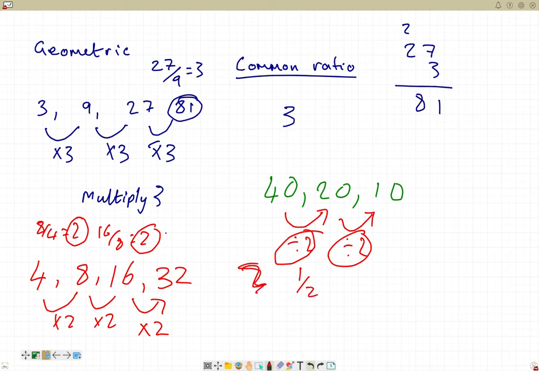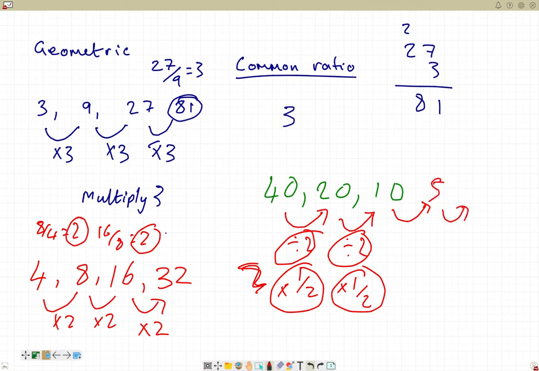Yeah, so times by a half. Okay, so that would be the common ratio. To get the next term, 10 divided by 2 or times by a half gives me 5. Next term, 2.5. Next term, 1.25, and so on, guys. Okay, so that's geometric sequences.